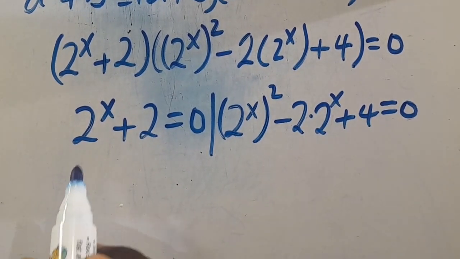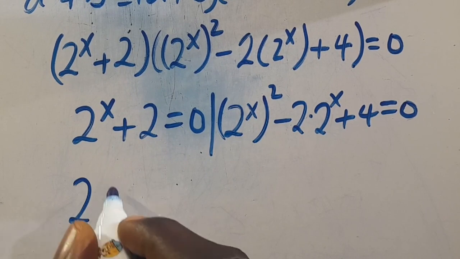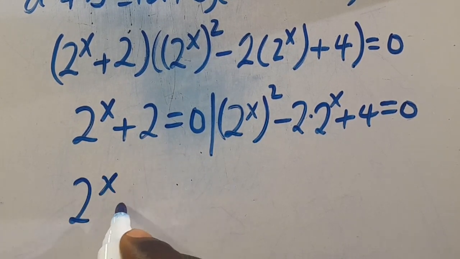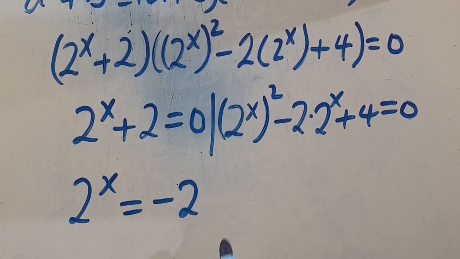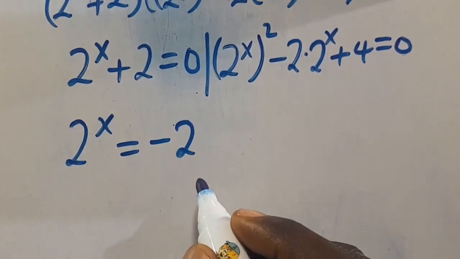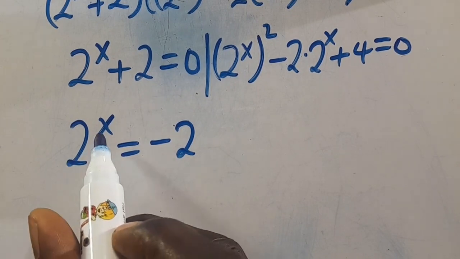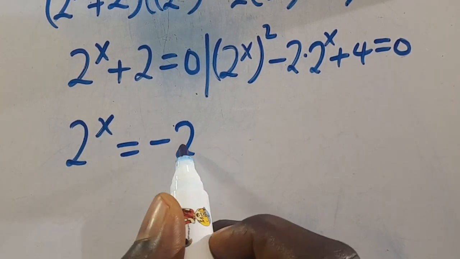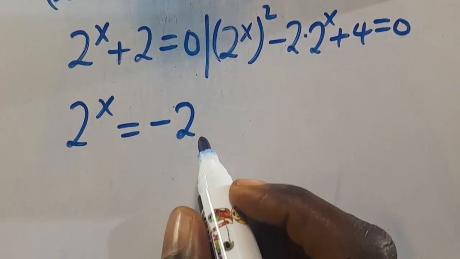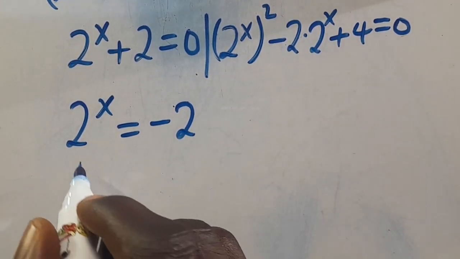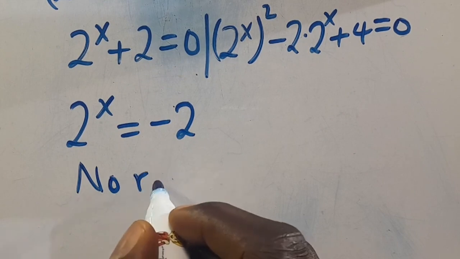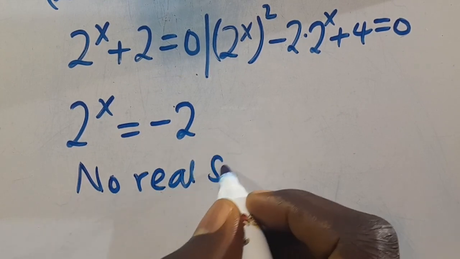So from here we have 2 to the power of x equals minus 2. Then from here we can see that 2 to the power of x can never be equal to minus 2 in real space. So we are not going to have any real solution for this.